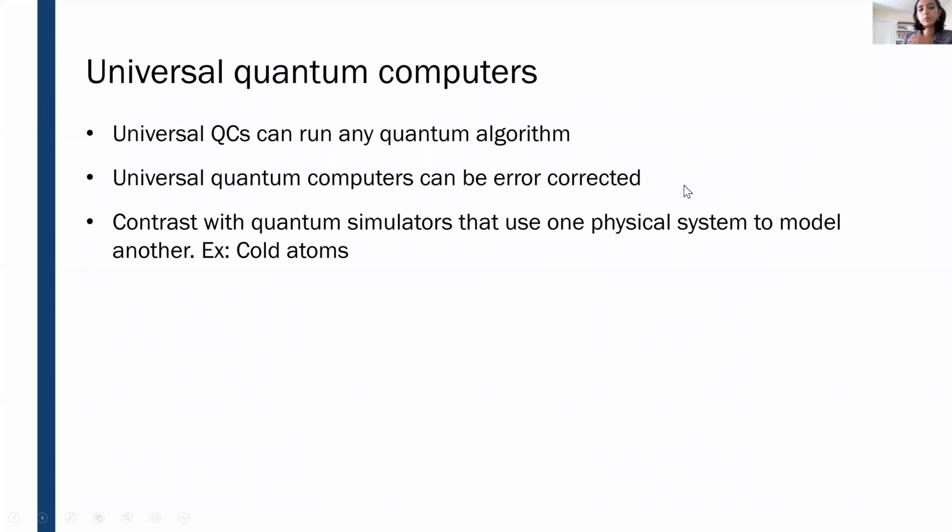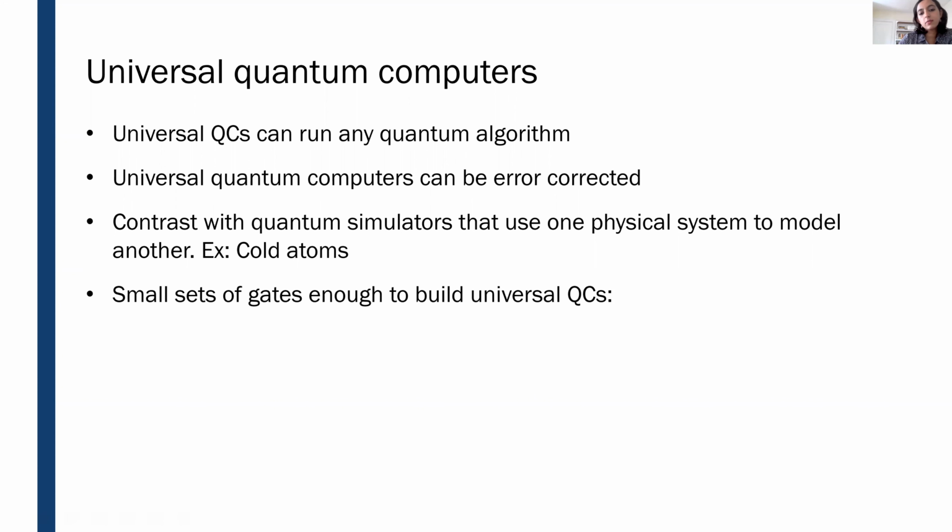For example, many people working in condensed matter physics may be familiar with systems like cold atoms being used to implement a certain Hamiltonian. But in quantum simulators, typically you can realize only a limited range of Hamiltonians, whereas with universal quantum computers you can run any possible quantum algorithm, which is basically a combination of some kind of unitary evolution followed by some kind of measurement.